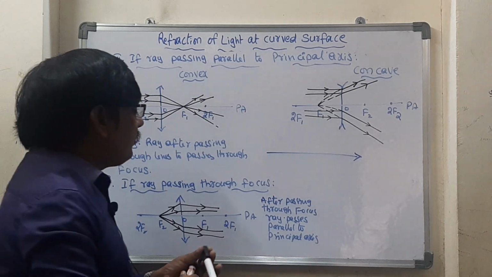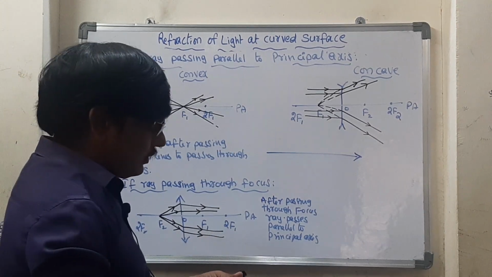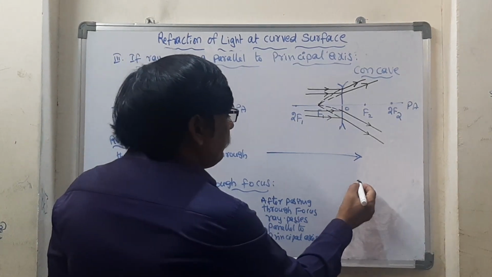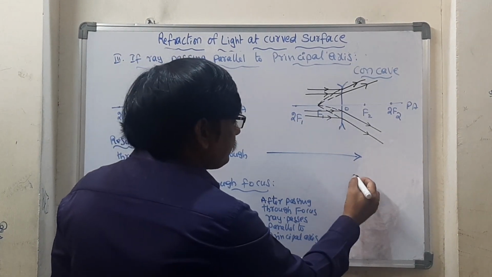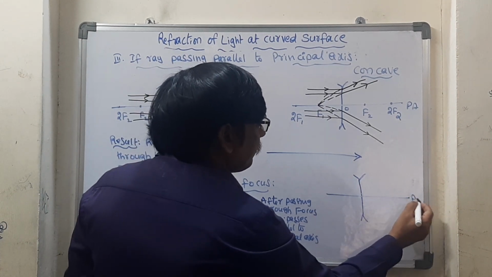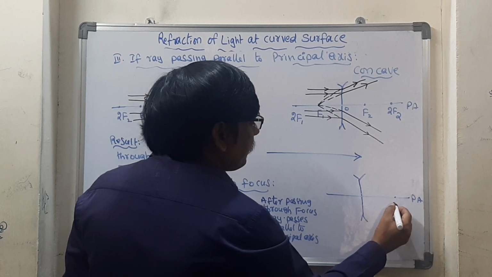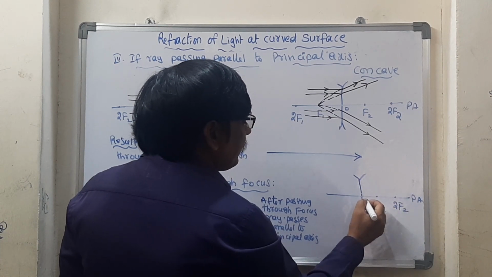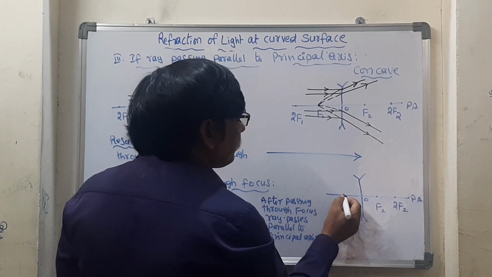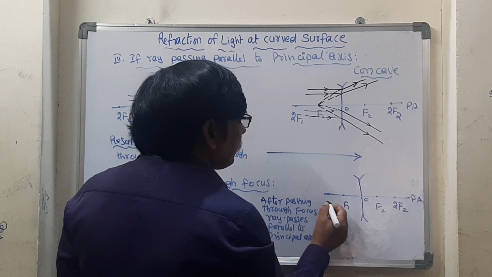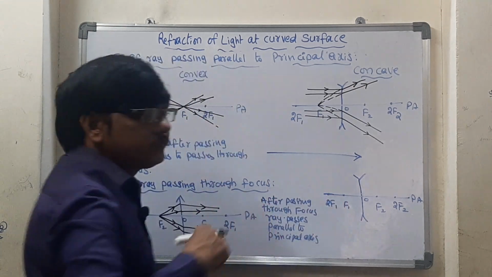Now let us come to the concave lens and see how it will be. For the concave lens, we take the principal axis, 2F2, F2, optic center, F1, to F1.